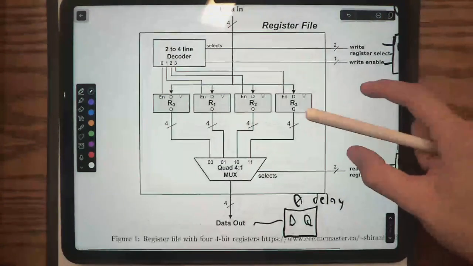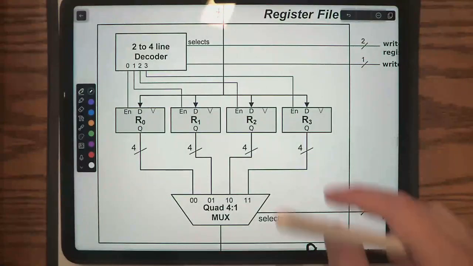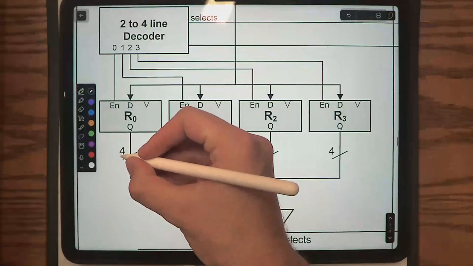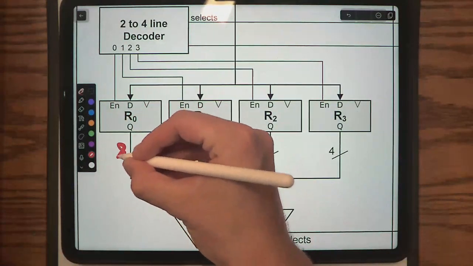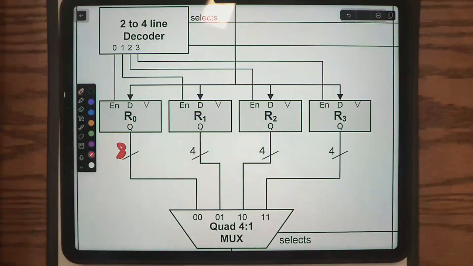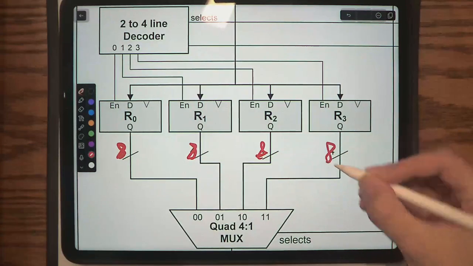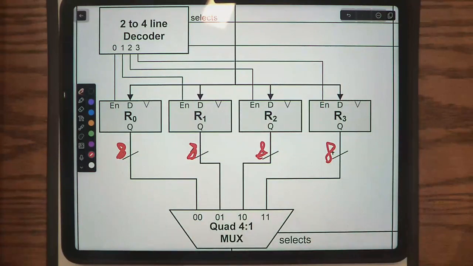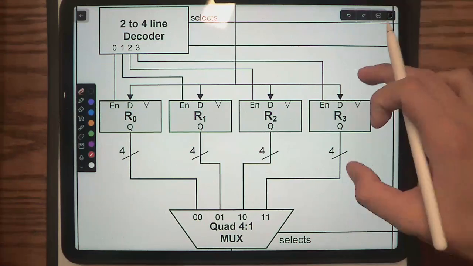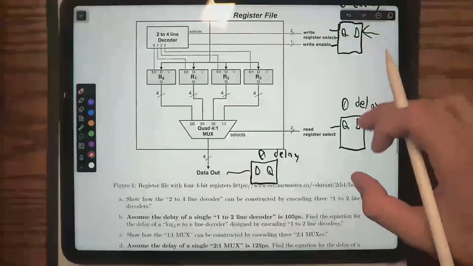If we had an 8-bit word, then all of these would change from 4 to 8, and each one of these registers would now have 8 flip-flops all stacked up on one another. This would be 8-bit words.